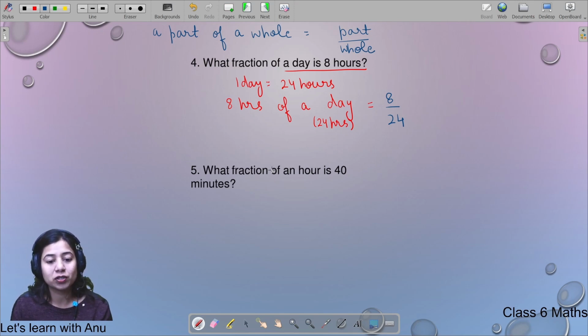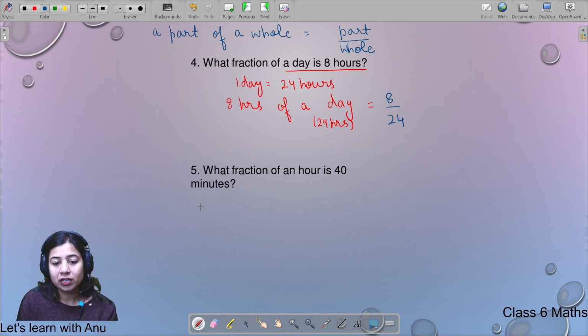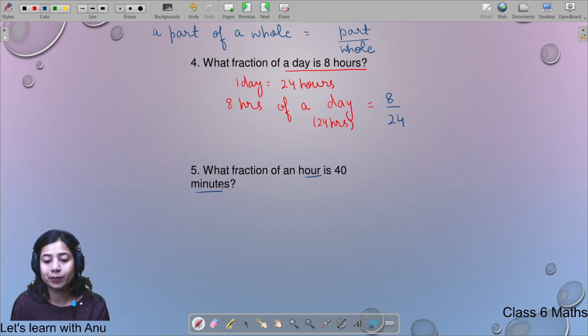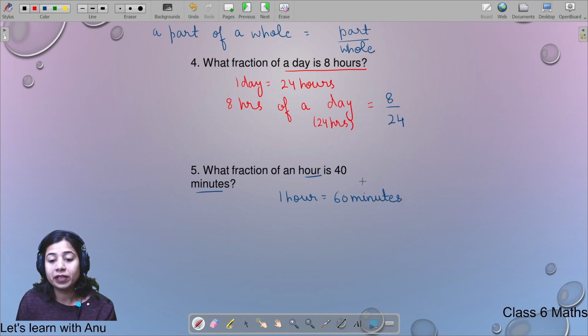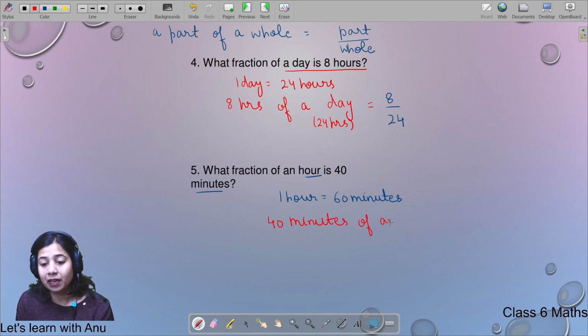Moving to the fifth question. What fraction of an hour is 40 minutes, right? So in the same manner, we have to see the relationship between hour and minutes. We know that 1 hour is equal to 60 minutes, right? So we want to tell 40 minutes of an hour, right?